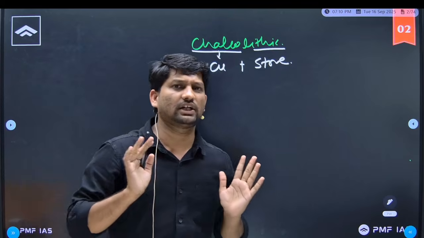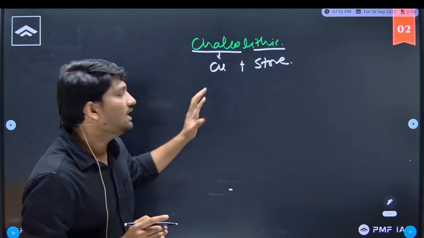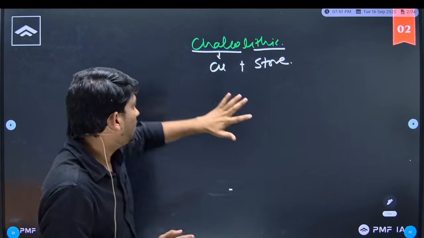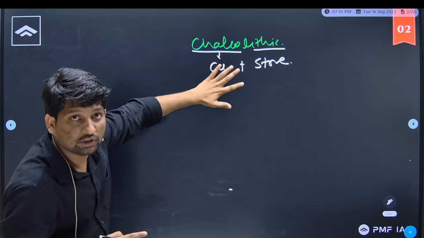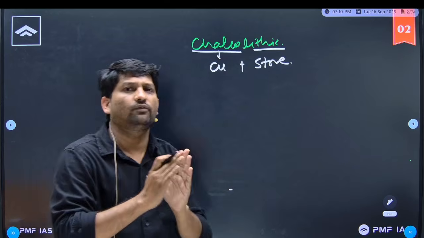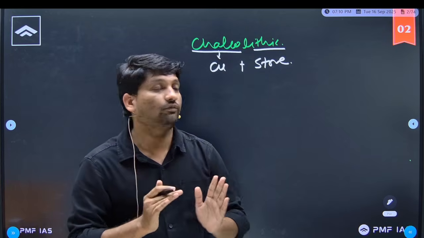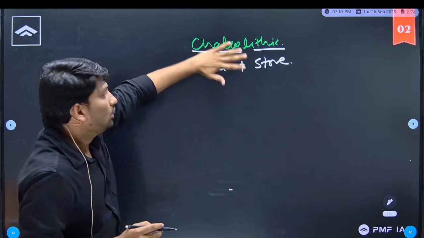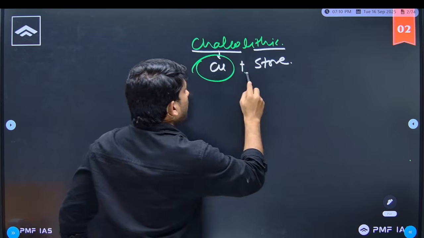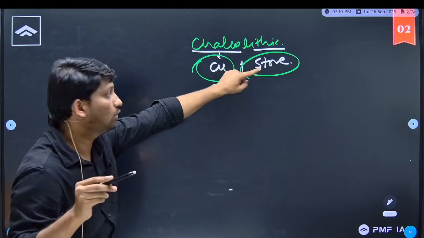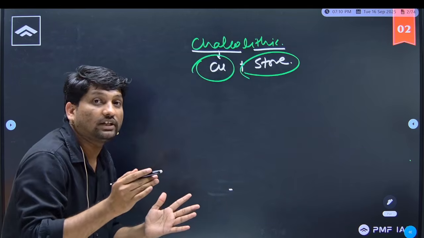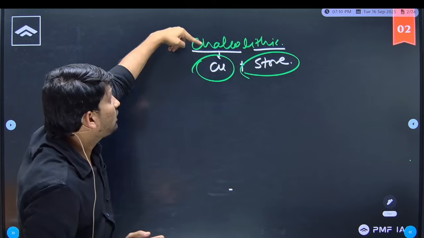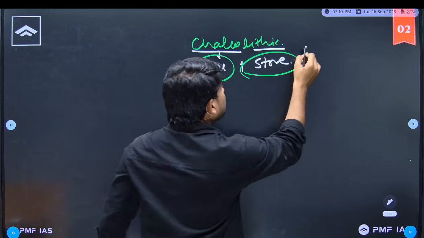What is meant by culture? In the first lecture we discussed that culture means way of life. So the way of life of people living in Rajasthan was different from Madhya Pradesh, and different from Maharashtra. In different regions you will find variations. Because of this, though overall it is dependent on copper and stone, meaning overall it is Chalcolithic culture, among this Chalcolithic culture there are variations. That's why we call this Chalcolithic period Chalcolithic cultures.